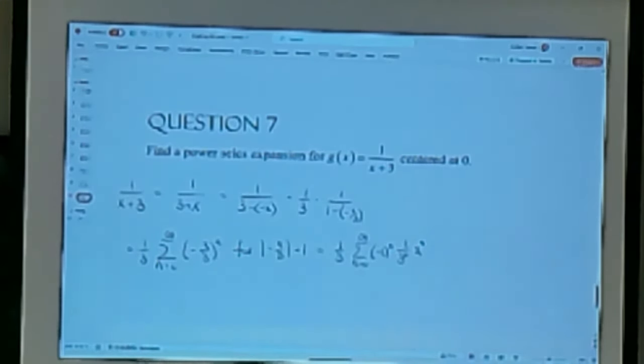I'll keep the x to the n in the numerator, just to make it look more like a power series. If the absolute value of negative x over 3 has to be less than 1, what about the absolute value of x?